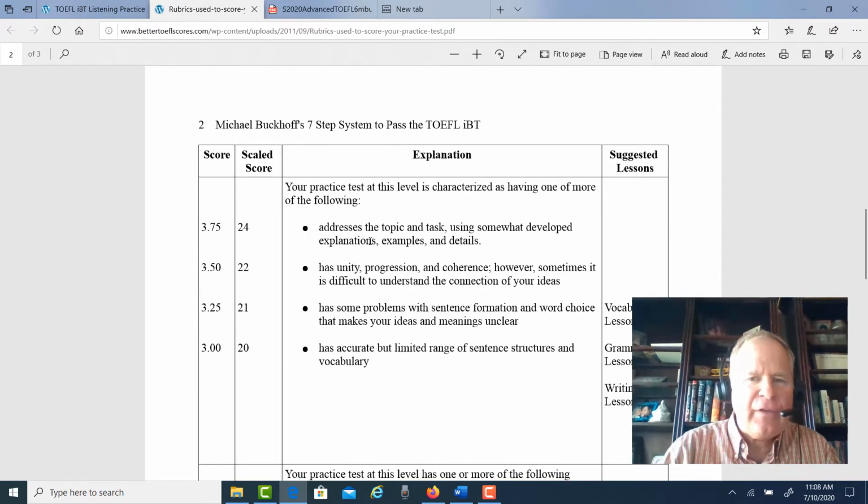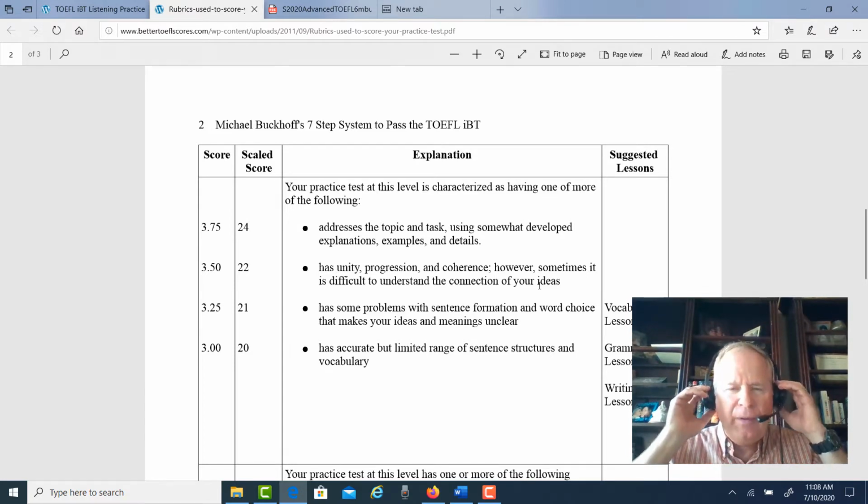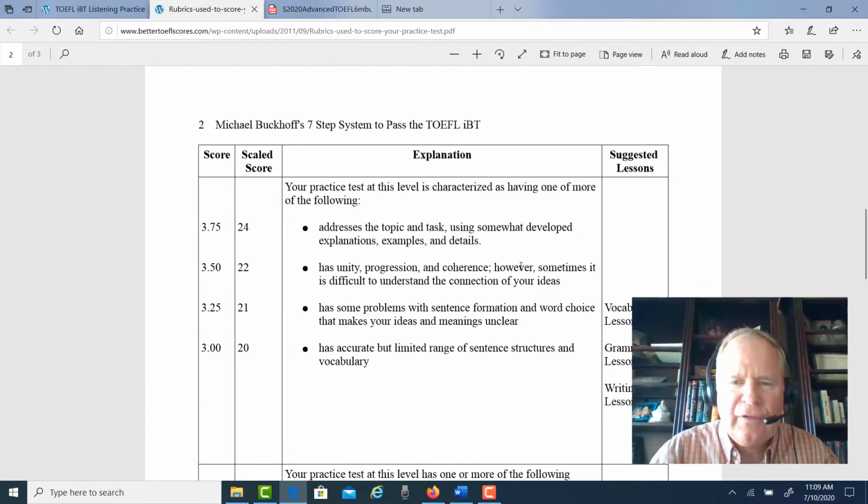I think in this case, you have unity, progression, and coherence. However, sometimes it's difficult to understand the connection of your ideas. I think you can probably improve your topic sentences a little bit more here. You have some problems with sentence formation and word choice that sometimes make your ideas and meaning a little bit unclear. So that's why I scored it the way I did.